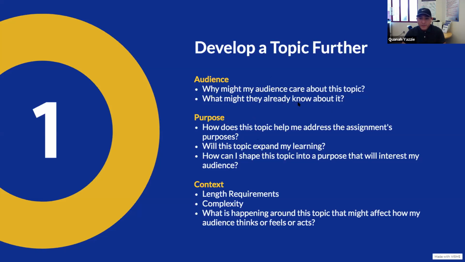What might they already know about it? We want to involve our audience as much as possible because that's who we're writing for, right? It's our audience. And once we know our audience, it begins to develop even further into how we write. And we're not going to get into that portion. That's more about structuring and developing your paper as a whole.